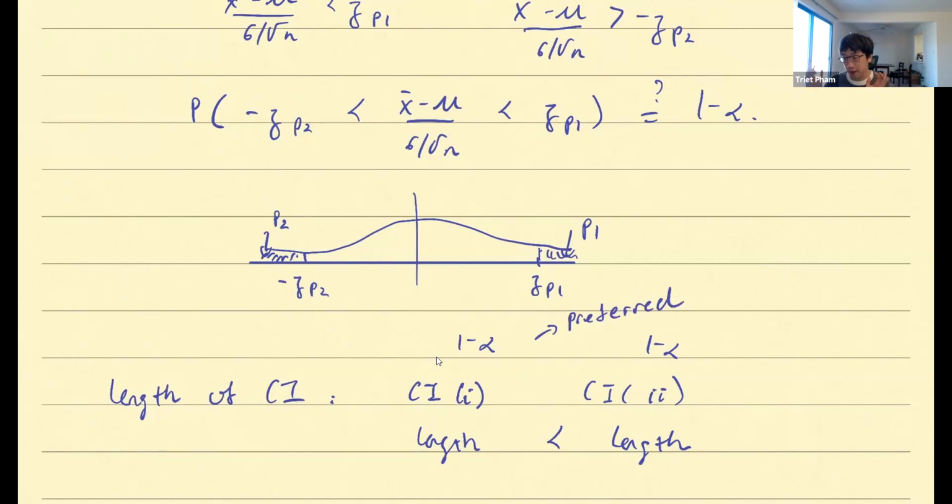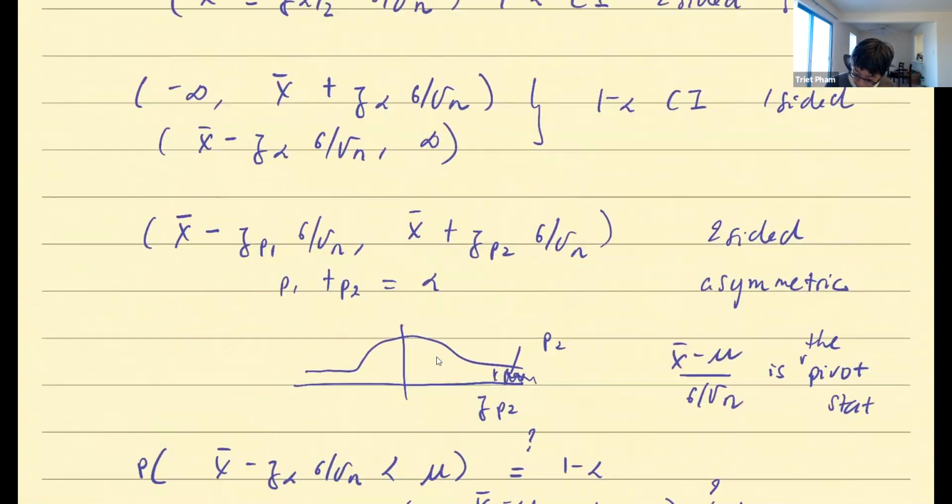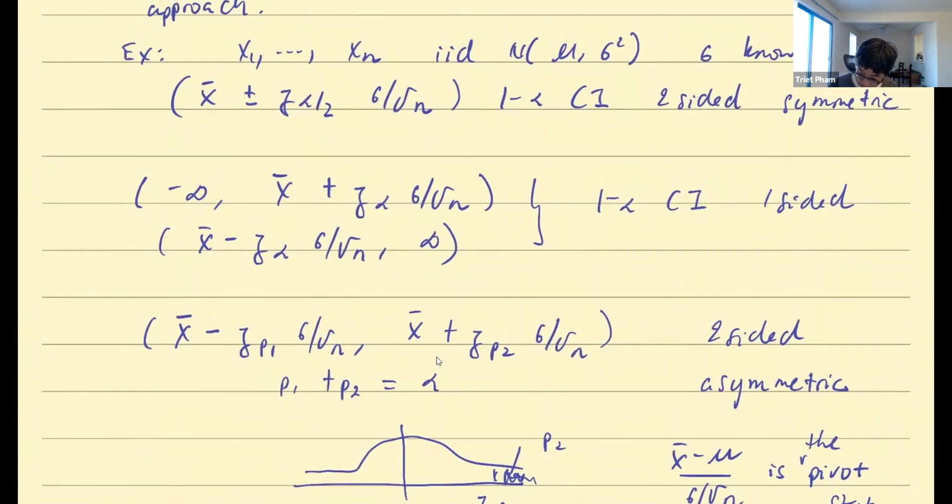Of course, if you fix the same approach, then the larger one will catch more. But sometimes different constructions give you the same coverage rate with different lengths. For example, it may seem amazing to you or not, but the length of this symmetric one is always shorter than the length of the non-symmetric one.